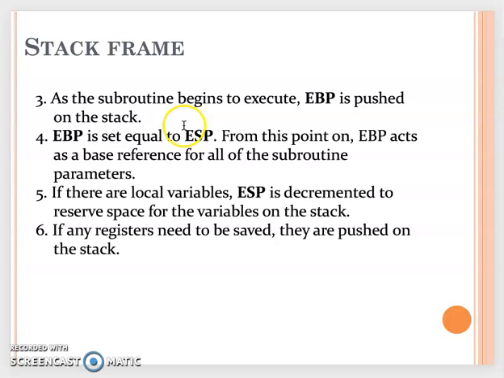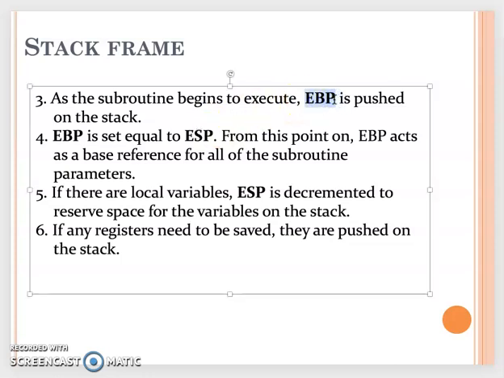Number 3, the subroutine starts to execute. Then we will introduce another register we call EBP. That's the base pointer for each procedure you will work with. This base pointer has an address, and this value will be pushed to the stack.